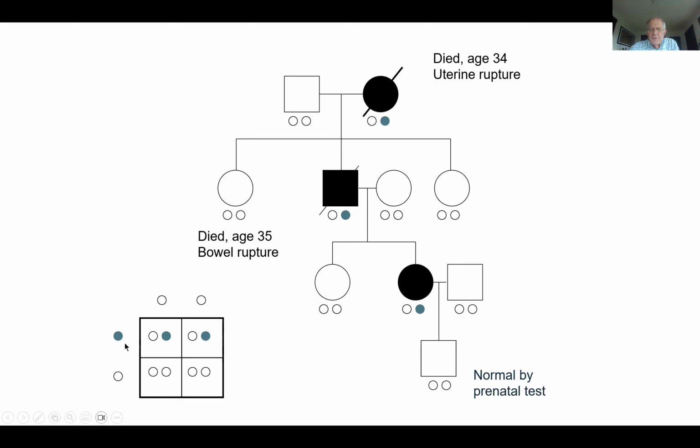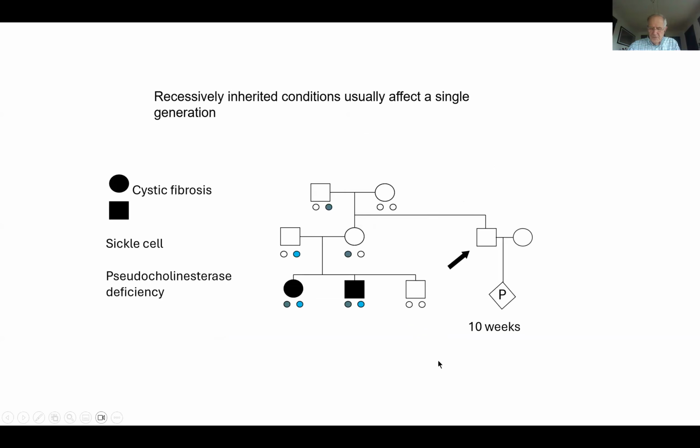And when you have children, you can either pass on that gene or pass on the normal one. And so there's a 50% risk of having an affected person. But if you're this person who's apparently unaffected, you don't know. And so you might want to be tested. Or you can do prenatal testing in this case, where we could show that this kid was unaffected, the pregnancy was unaffected.